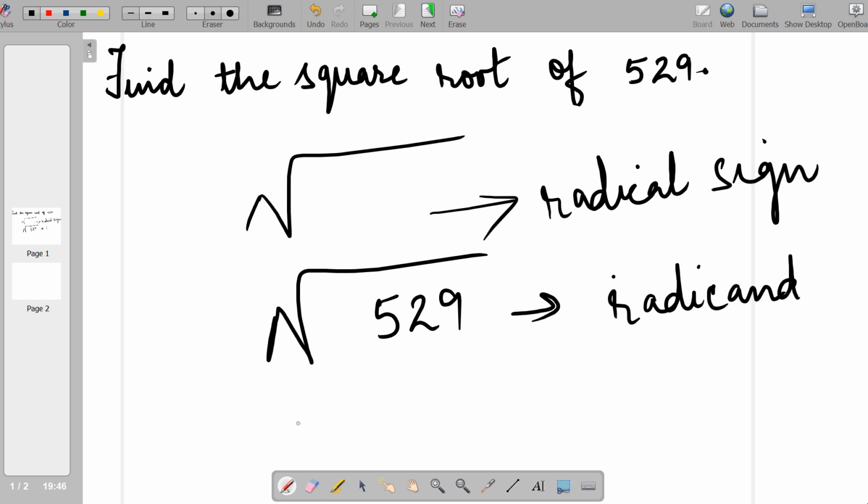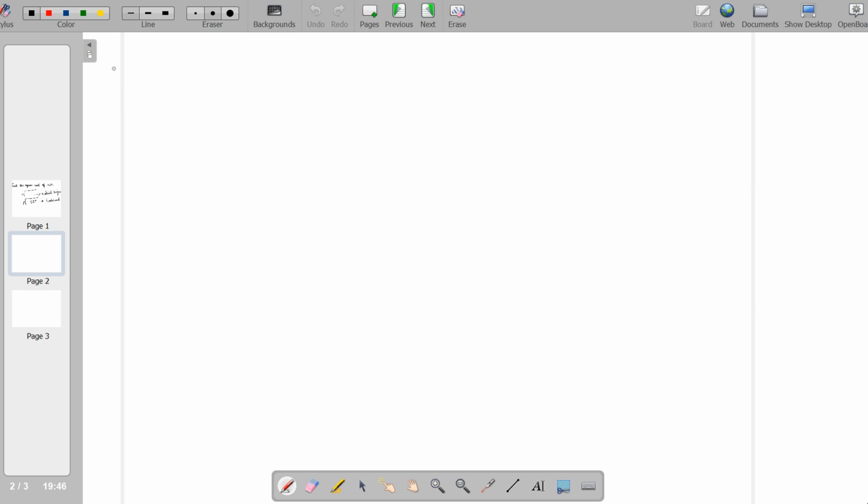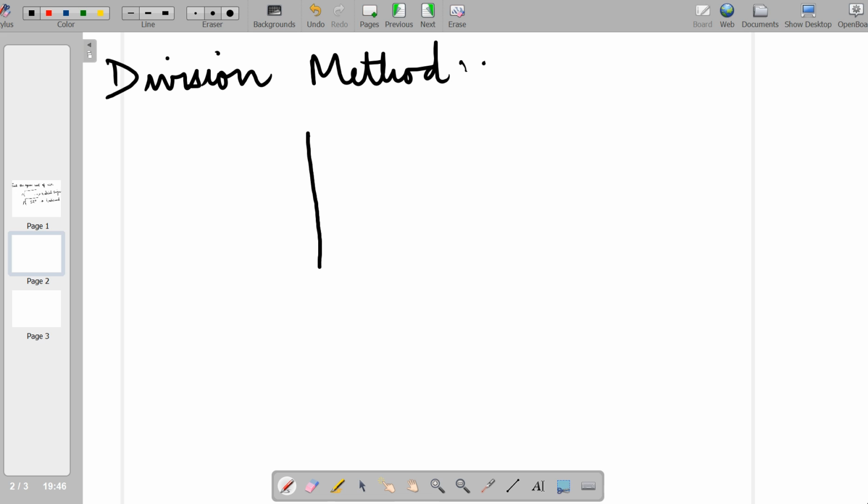Now, let's start with the process. We are utilizing the division method. So we will put the number in that block, so I am putting 529 in this way.